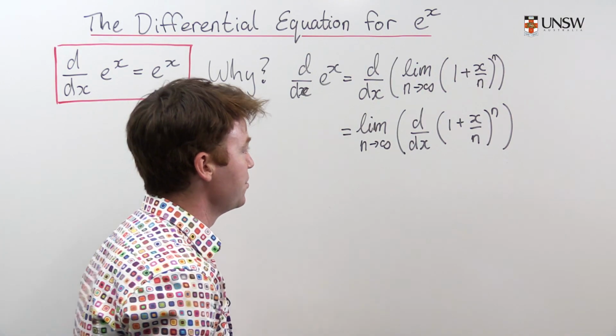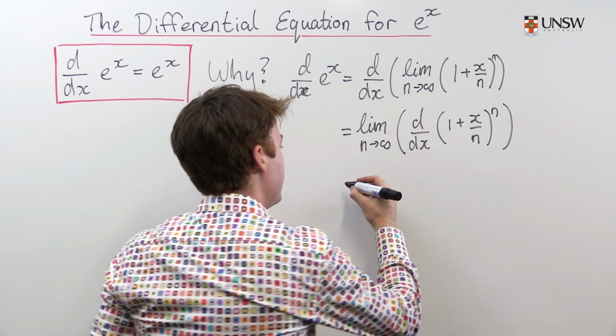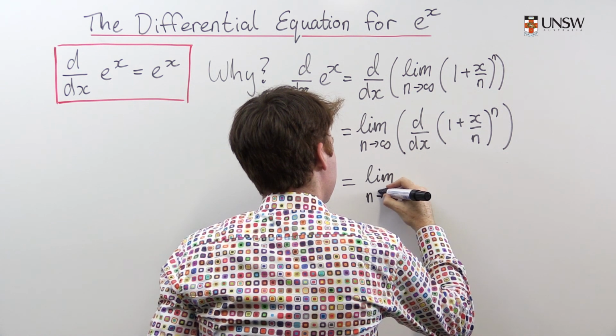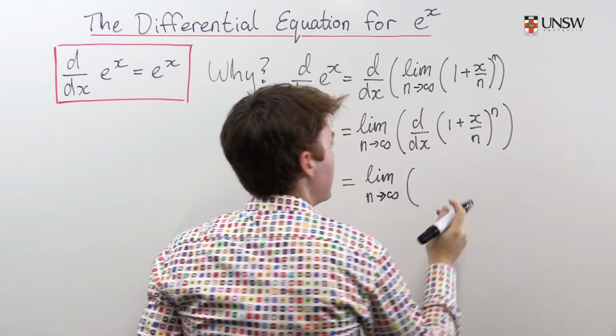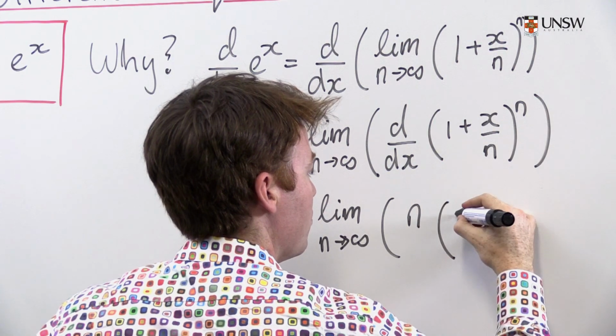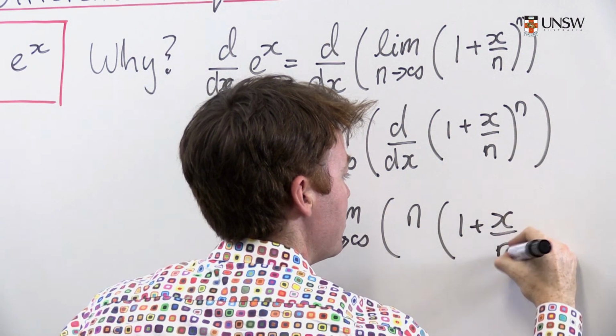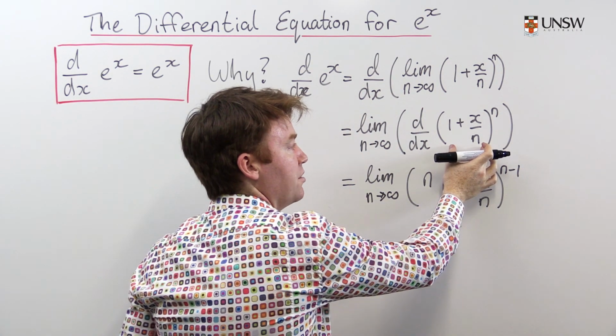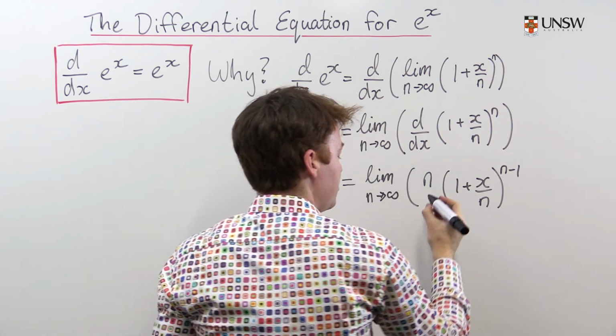We are now in a position to take the derivative of this. The limit stays the same. And we have n times (1 plus x over n) to the n minus 1, and I have to multiply through by the derivative of this, which is 1 on n.